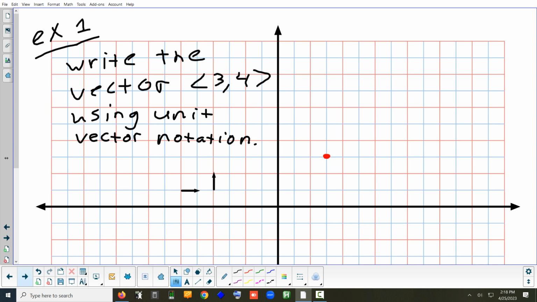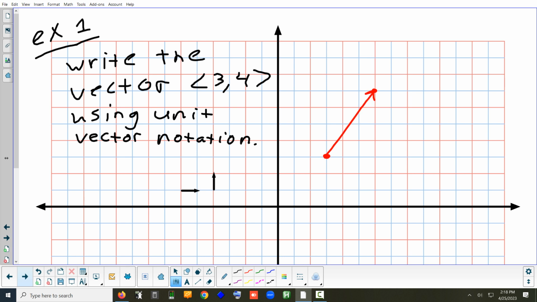That's called the start, the initial point. It can be anywhere. I want to get to the terminal point. Which way am I supposed to go from that red dot to get to that end point? Yeah. 3 units to the right and 4 units up. 3 units to the right. 2, 3, 4 units up. There we go.